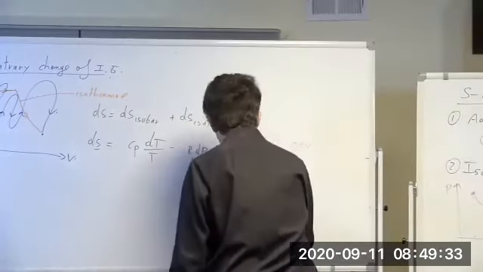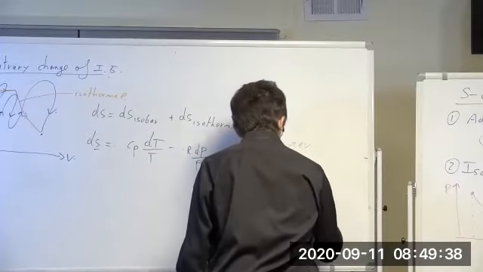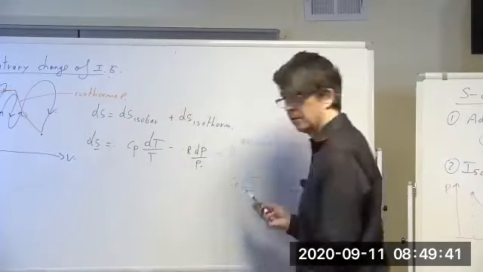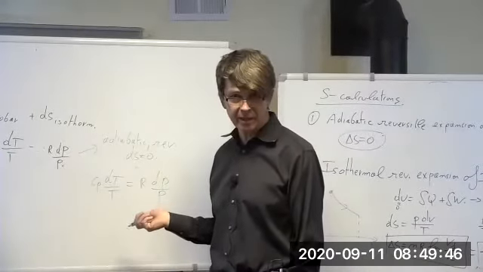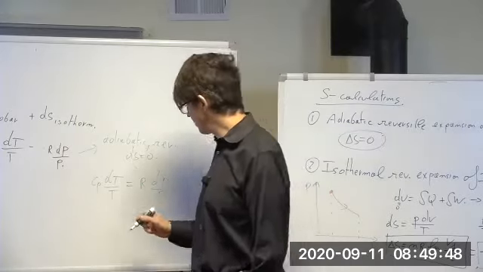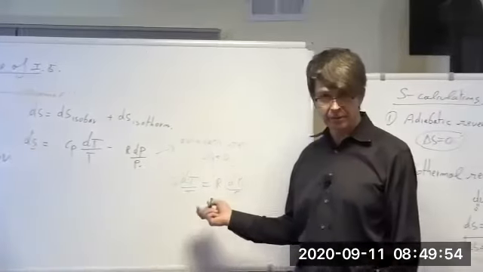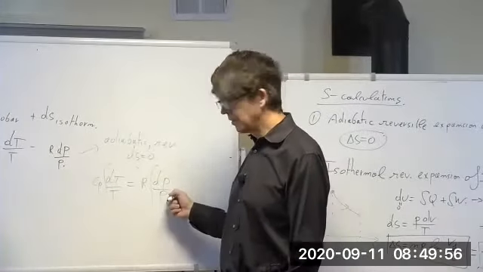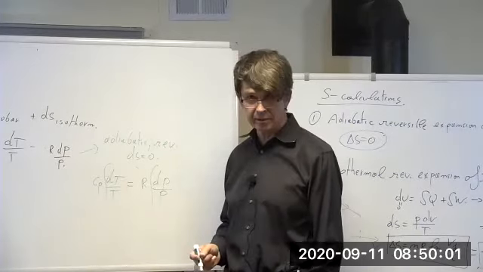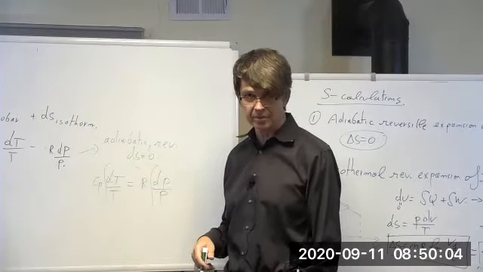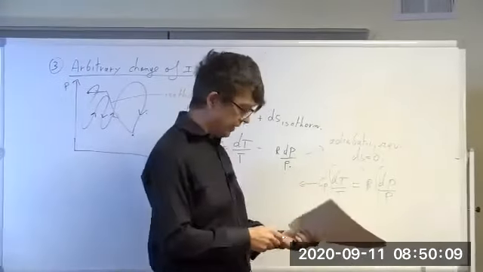That means that Cp dT over T is equal to R dp over p, and voila, that is the differential equation that leads to the adiabatic expansion. Because when I integrate this, I get the log of T final over T initial is the log of P final over P initial to the power R over Cp. This leads to the equation of adiabatic expansion of an ideal gas.